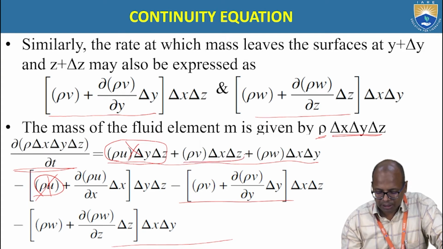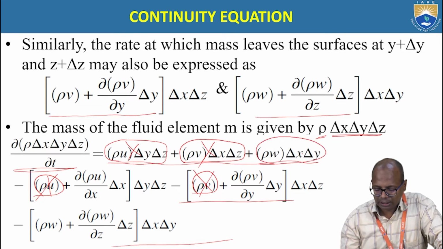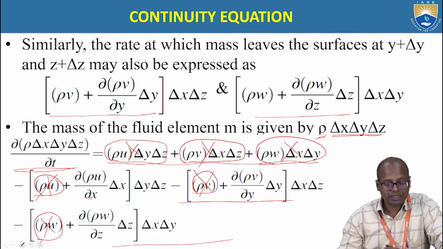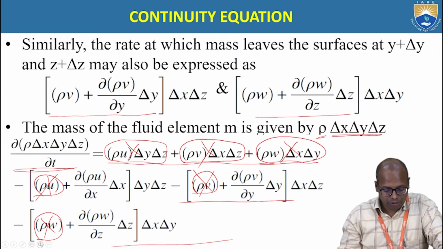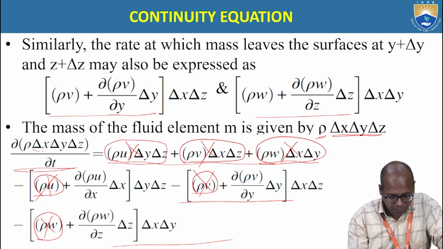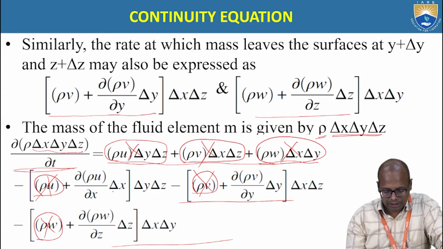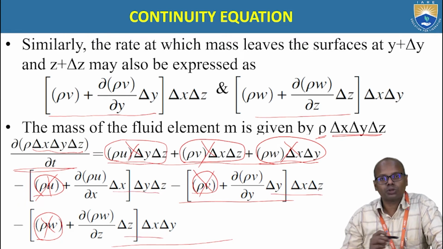Here rho v delta x delta z is there, and here rho v delta x delta z is there. This term also gets cancelled. Rho w delta x delta y, this term and the rho w term will get cancelled. And we have a common term on both sides, delta x delta y delta z, which we can eliminate.